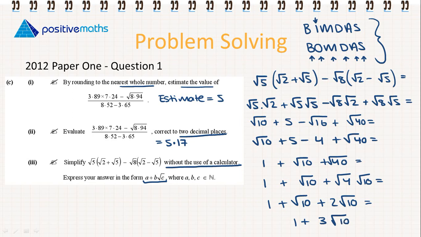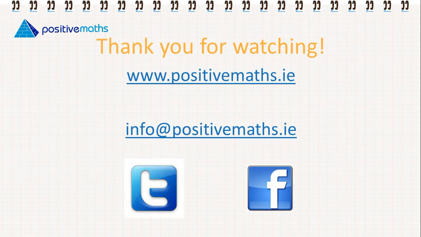So this is going to give me 1 plus 3 times the square root of 10. So we have our answer. We have it written in the form of a plus b root c, where 1 is a, 3 is b and 10 is c. And 1, 3 and 10 are all elements of the natural numbers, so we know we have found the correct solution.